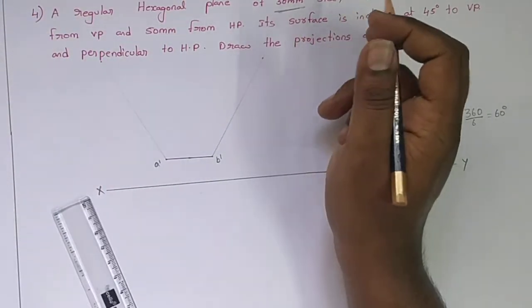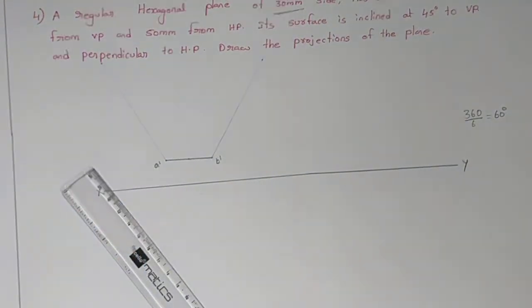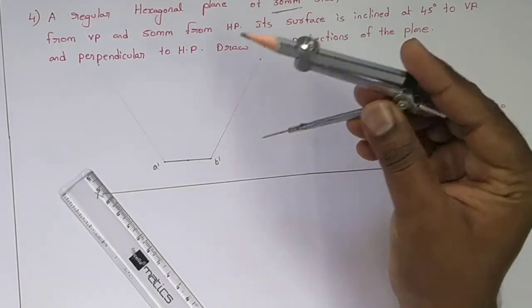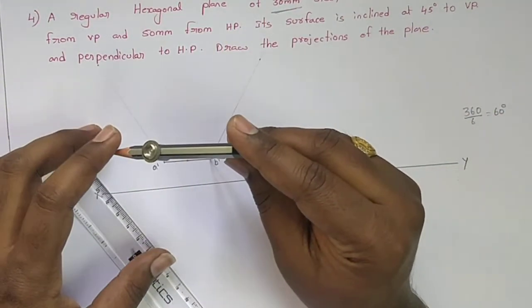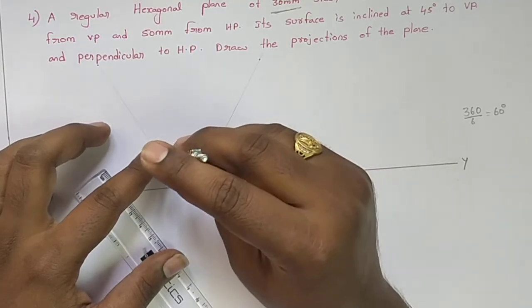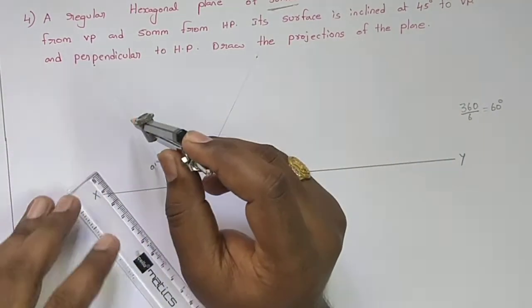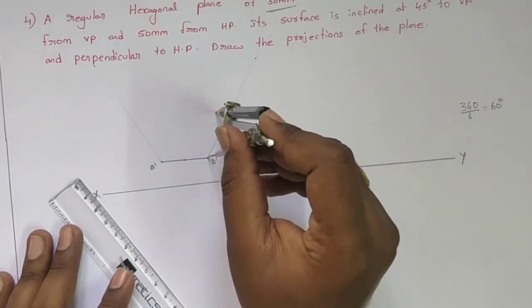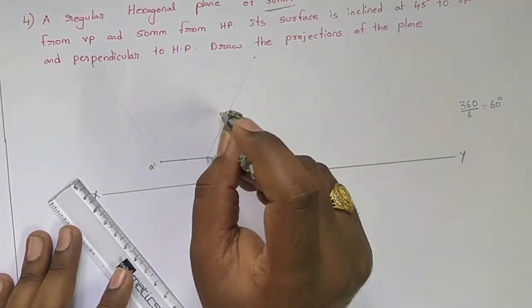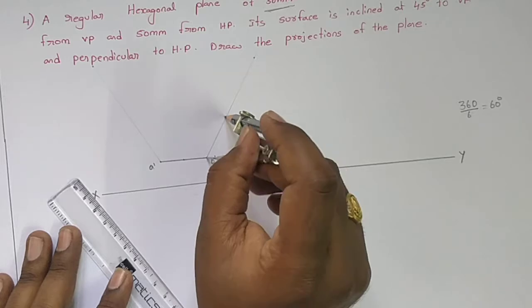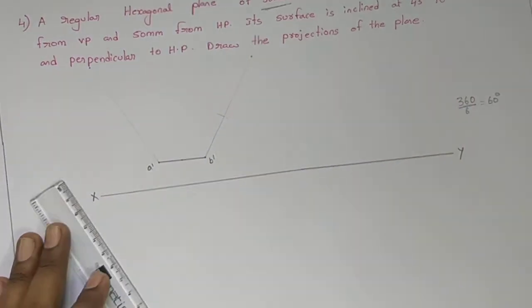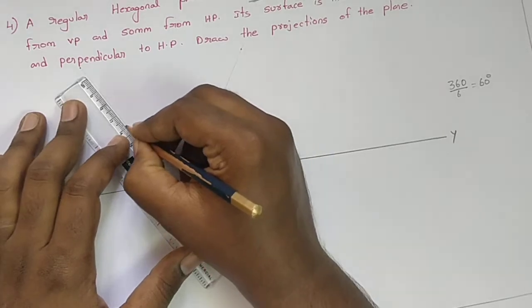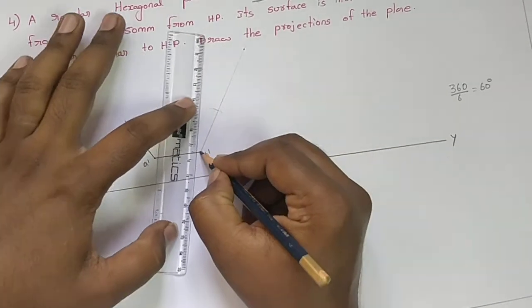On these lines we cut using a compass with radius equal to the side length, 30 mm. From A cut this inclined line, and similarly from B cut this line. We get two intersection points. These are the remaining sides of the hexagon.